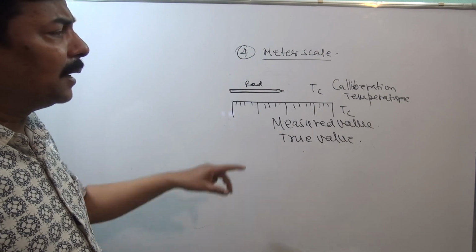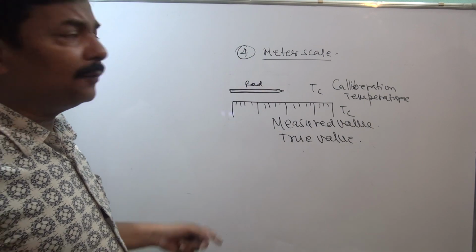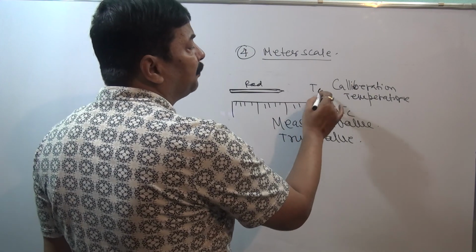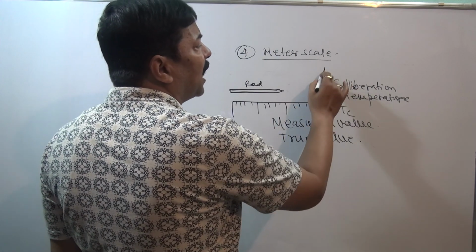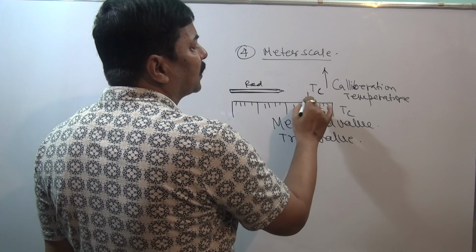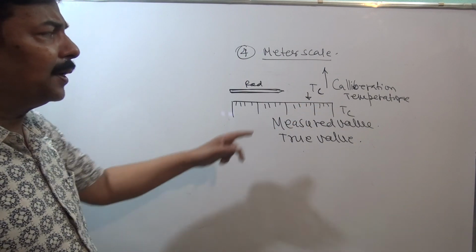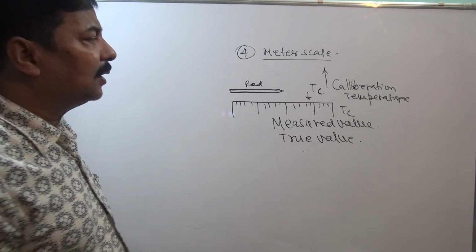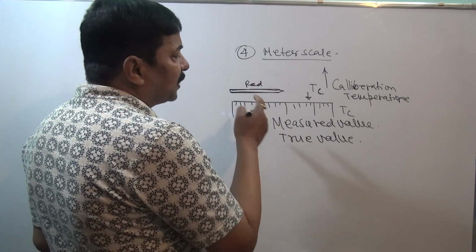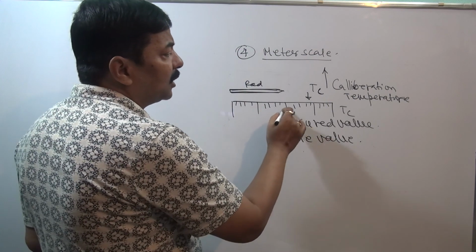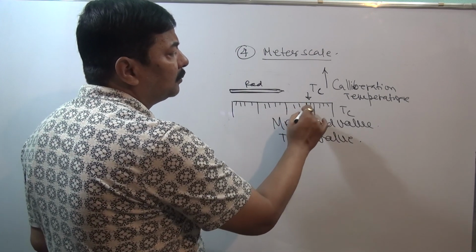Now if the temperature changes from this calibration temperature, it may be on the higher side or on the lower side. If the temperature goes to the higher side, then what will happen? Suppose this rod is not expanding, only the scale is expanding. Then this value will shift to this position.